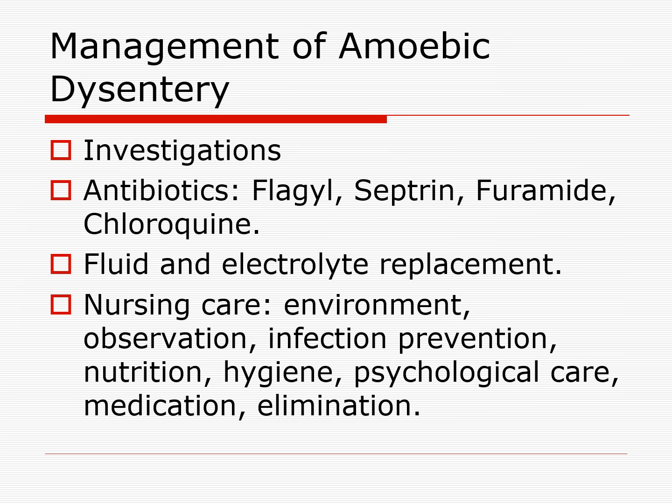After the investigations, then we're going to look at the treatment, where we're going to give metronidazole or Flagyl, 200 to 400 milligrams 3 times daily for 5 days. You can also give Septrin, 960 milligrams twice daily for 5 to 7 days. You can also give Furamide, 500 milligrams 3 times daily for 10 days.